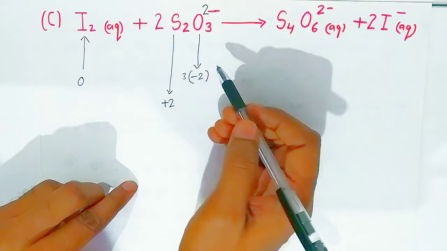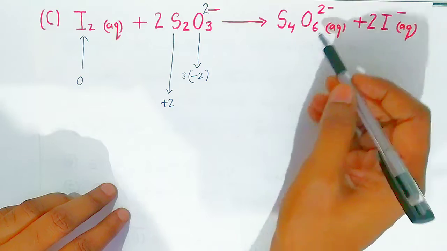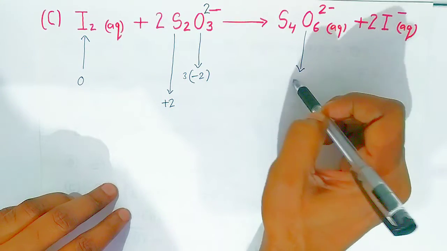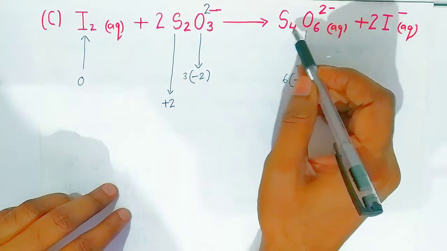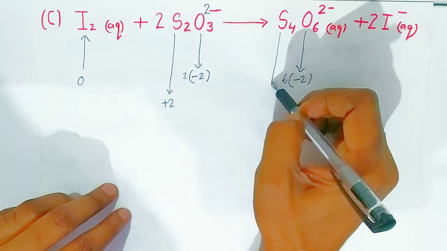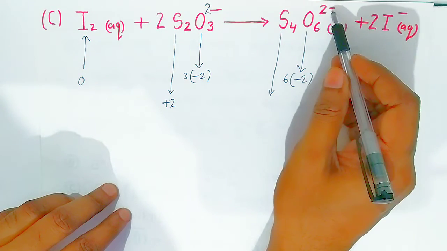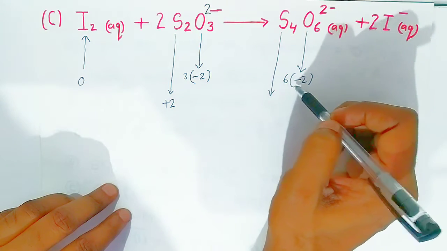Okay students, this we have already seen in the previous lecture, how we find the oxidation number. Now in the same way, students, here we are going to find the oxidation number. The oxidation number of oxygen is -2, because here 6 atoms are involved, so you have to multiply by 6. Now we are going to find the oxidation number of sulfur here. Because it is a negative charge molecule with -2, 6 multiplied by -2 will be -12.